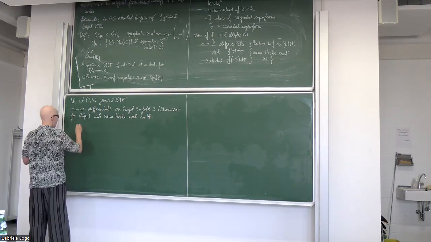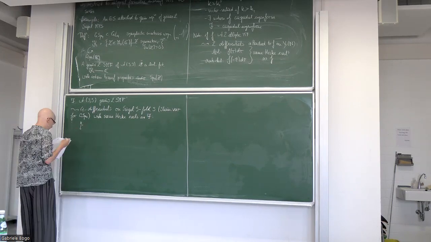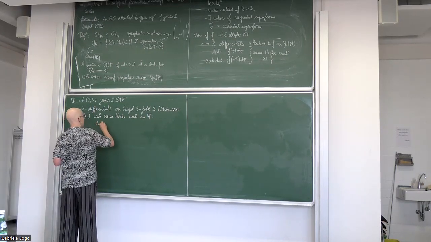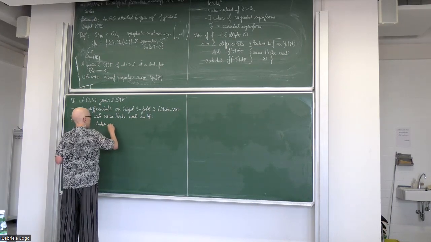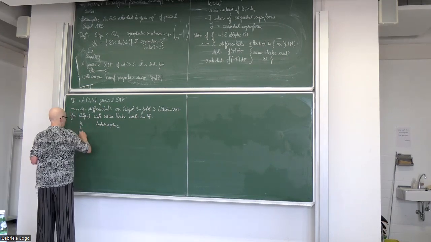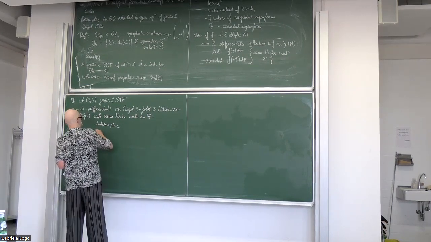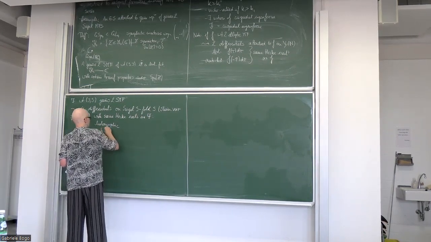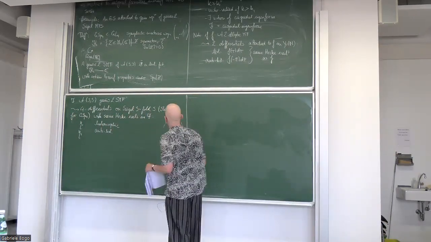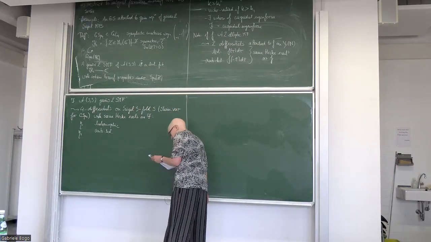So we have eta 0, which is holomorphic. Then we have eta 3, which is anti-holomorphic. So far, this is precisely the same picture as for the usual modular forms.